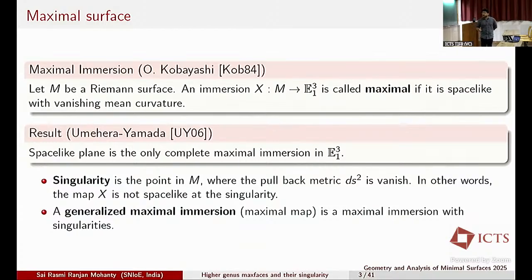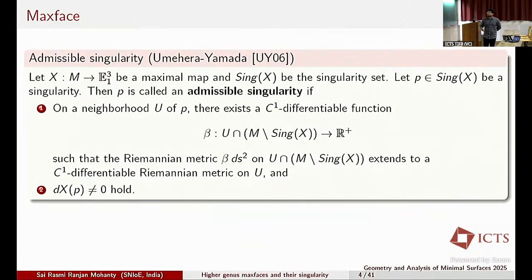In this talk, I will discuss a particular class of maximal maps called Maxfaces, which contain a special class of singularities called admissible singularities. For a maximal map from M to E13, with Sing X the singularity set, a point in the singularity set is called an admissible singularity if around this singular point P there is a neighborhood U and a C1 differentiable function beta, so that beta ds2 defined on the restricted domain extends to a C1 differentiable Riemannian metric on the whole of U, and the differential of X at P is not equal to 0.